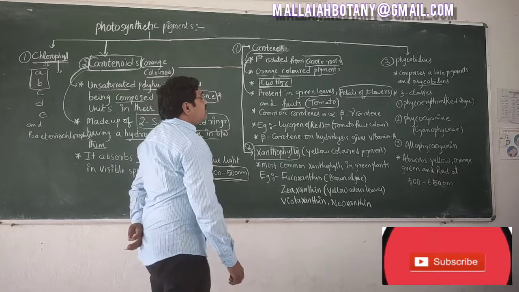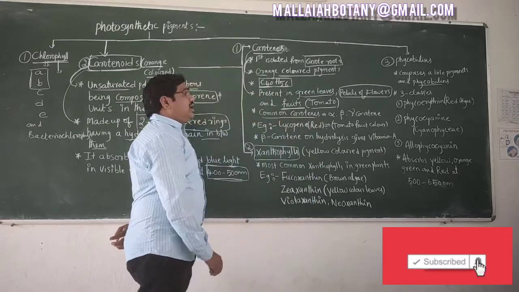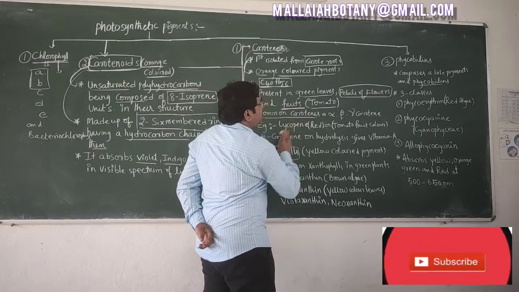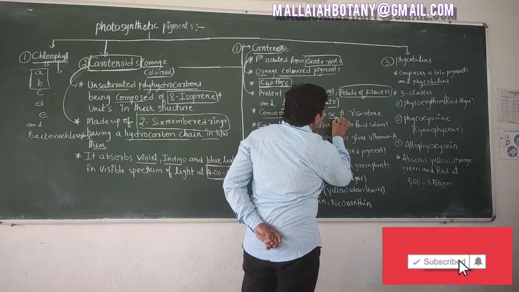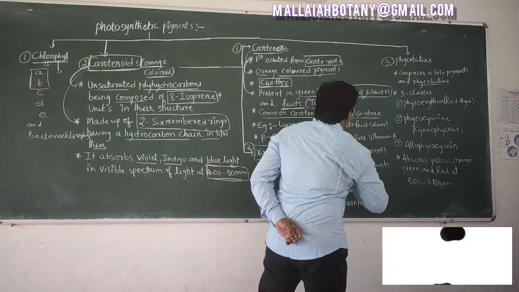What are the common carotenes present in higher plants? They are alpha carotene, beta carotene, and gamma carotene.